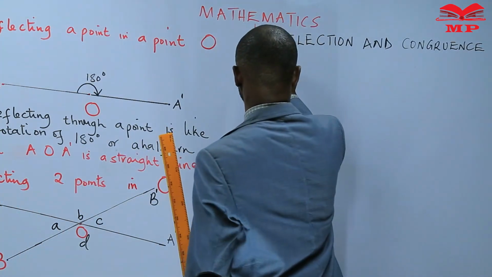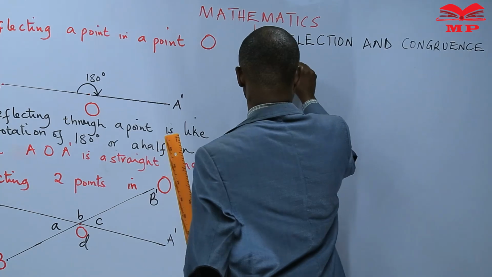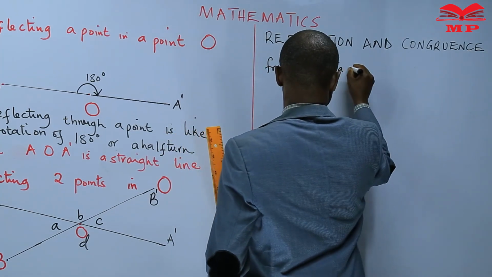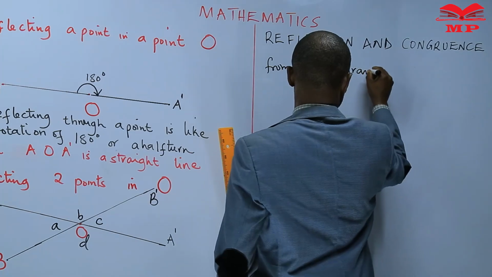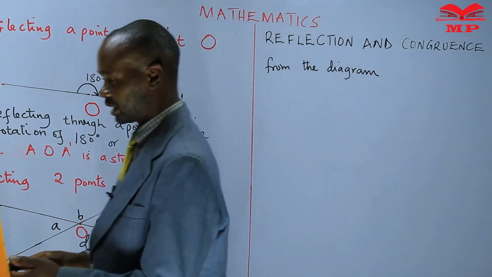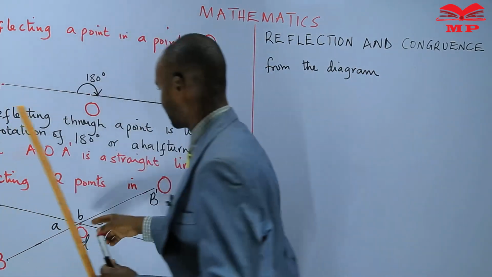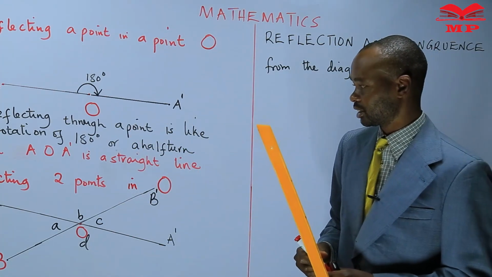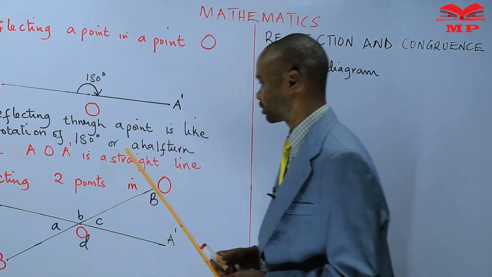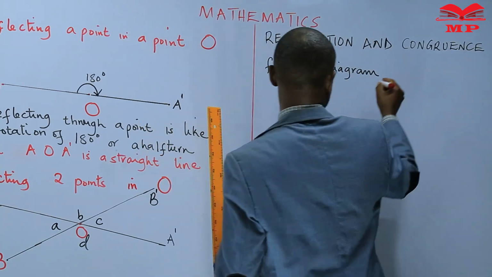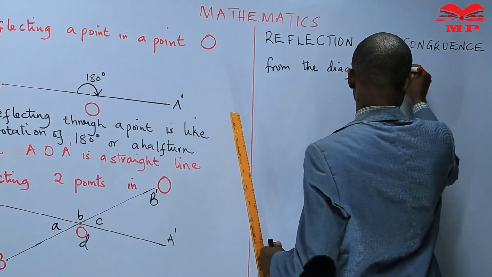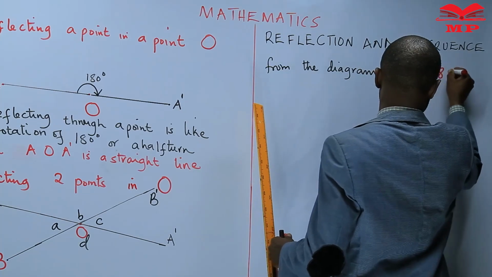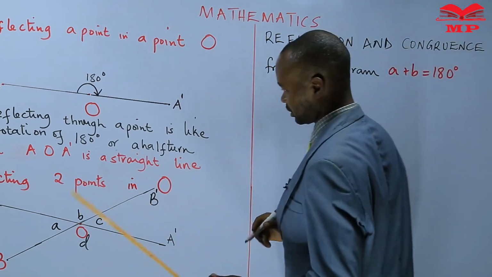From the diagram, A and B lie on a straight line, so A plus B gives us 180 degrees.